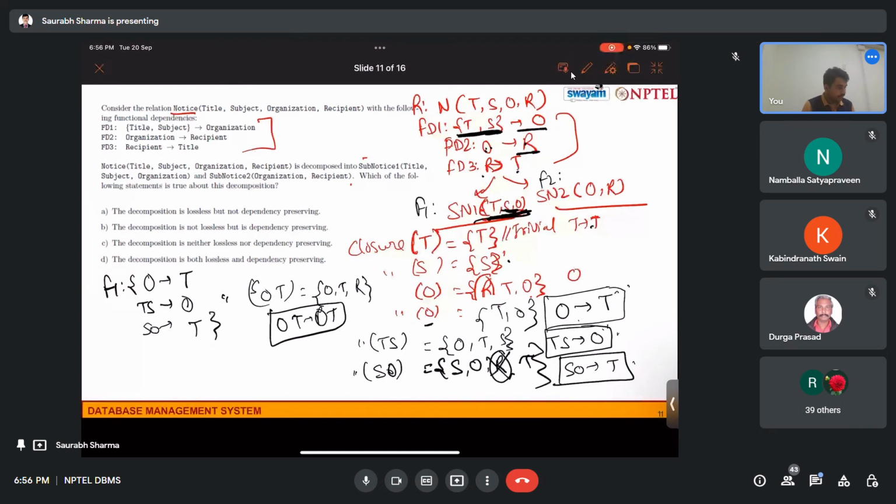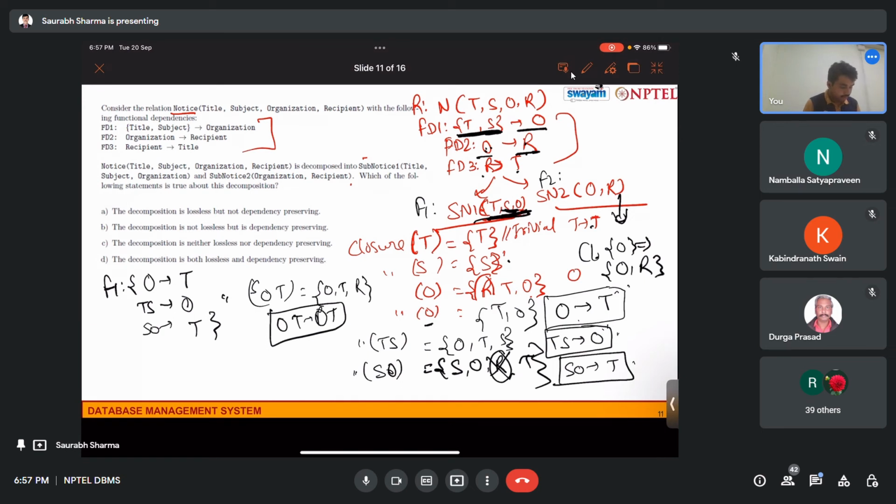Now coming to F2, it has only O and R. If we take closure of O, closure of O will provide us O itself, and from there O to R, and the rest we can exclude because they are not in the relation.